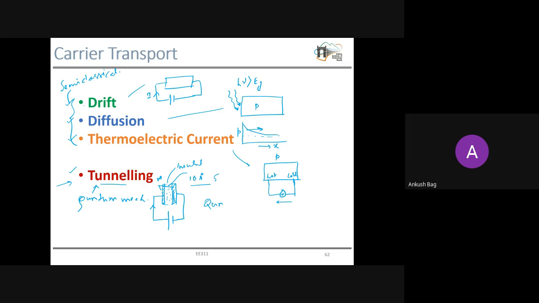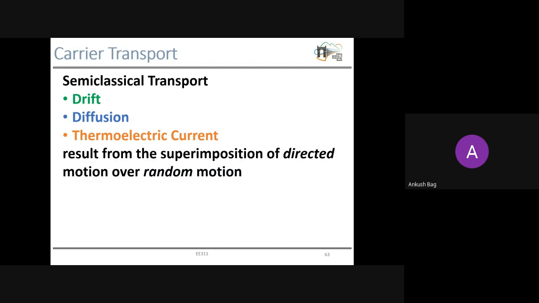So not purely quantum mechanical, because we can still discuss it using Newtonian physics. Okay, so these are some basics of these three or four types of transport.